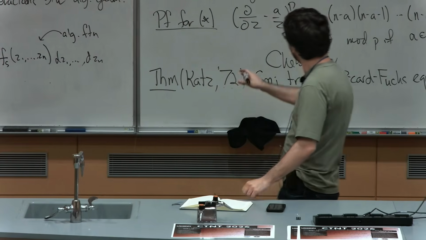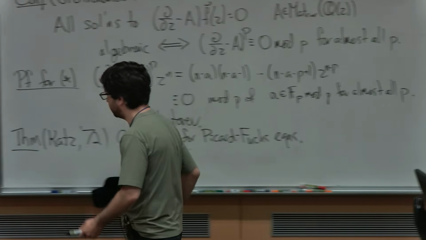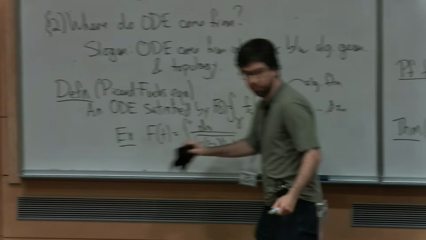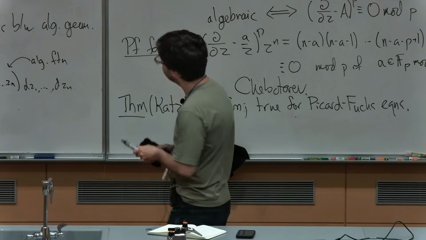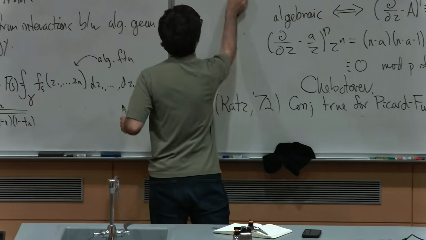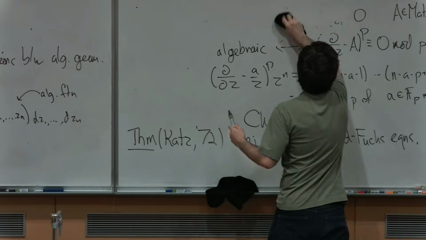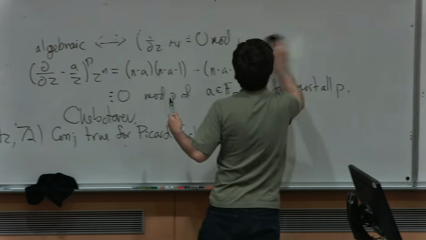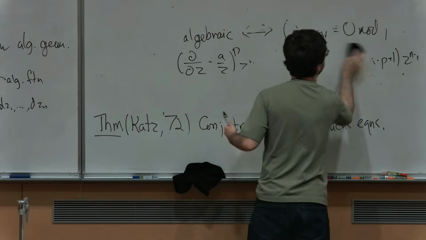I actually want to give you an idea of how the proof goes. So to do that, I need to explain a little bit more about what ODEs are. Let me leave Katz's theorem up for now.